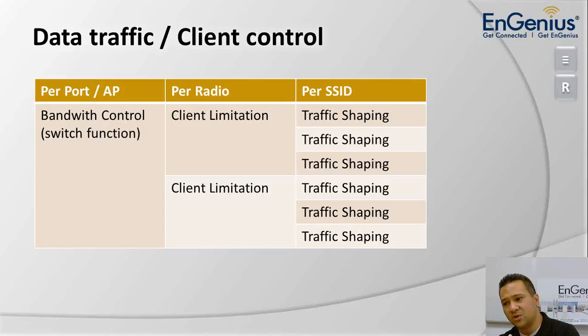Then per radio, you can do client limitation, and per SSID, you can do traffic shaping. So in this whole structure, you can really play with the volume or throughput, the bandwidth, the quantity of clients. You can shape it into a more divided loading across the whole network to make your network more stable.